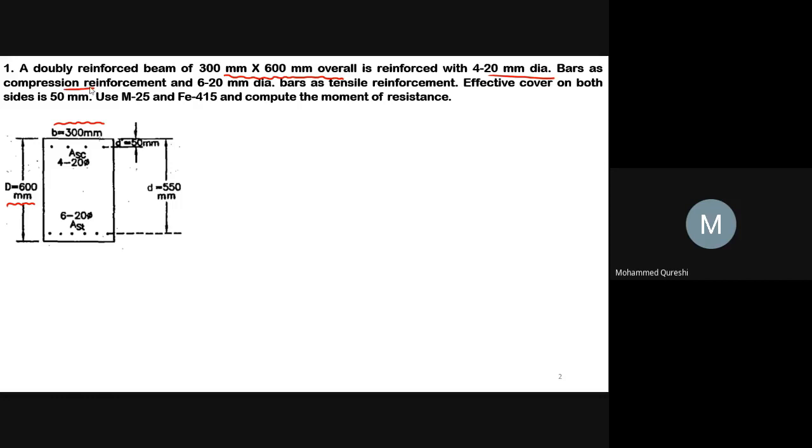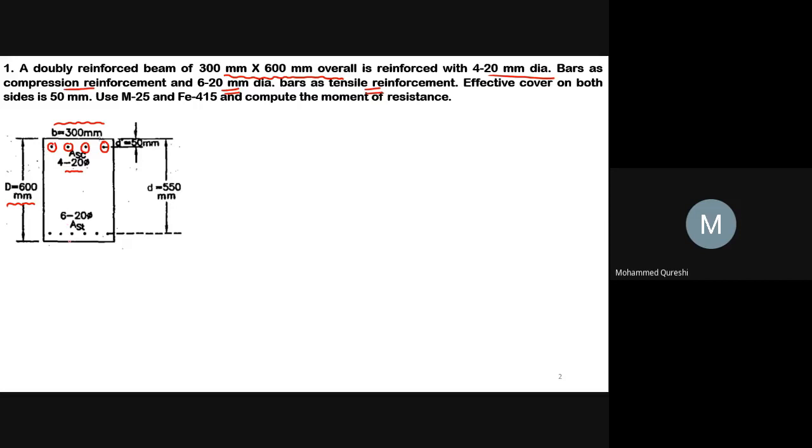So here the value of ASC is given as 4-20 mm dia. So here I am indicating 4-20 dia. First, second, third and fourth bar of 20 mm diameter and 6-20 mm dia bars as tensile reinforcement.